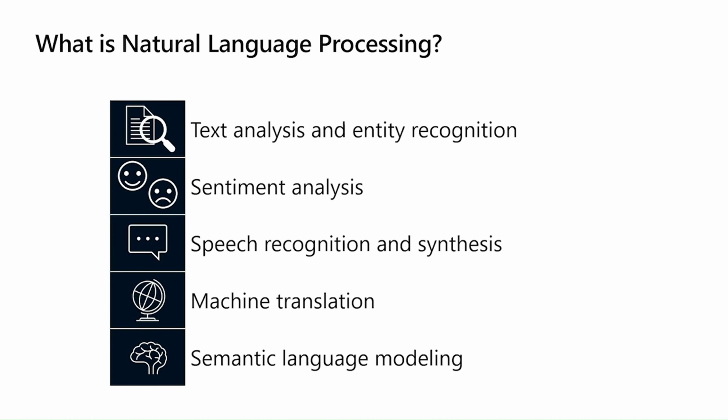Using the pre-built machine learning classification model, the service evaluates the text and returns a sentiment score in the range of 0 to 1, with values closer to 1 being positive sentiments. And scores that are close to the middle of 0.5 are considered neutral or indeterminate.